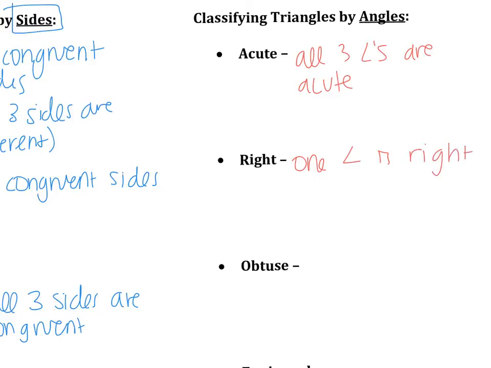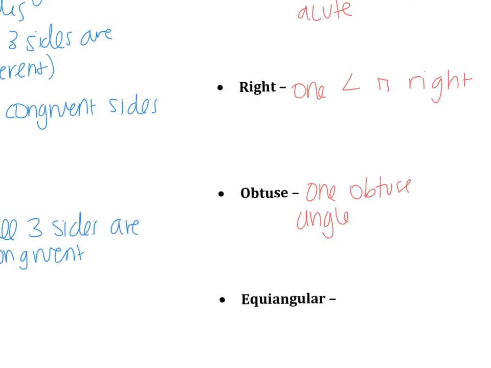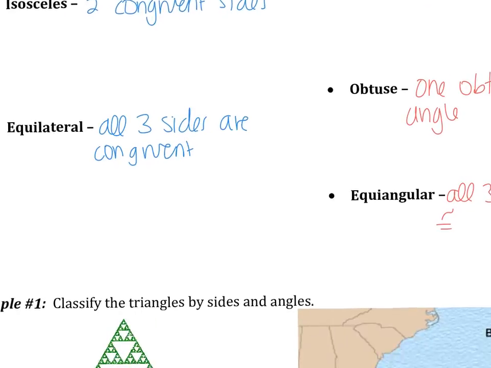The other two angles are going to be acute. An obtuse triangle has one obtuse angle. And lastly, equiangular means all three angles are congruent. Okay, so we're going to do some examples.